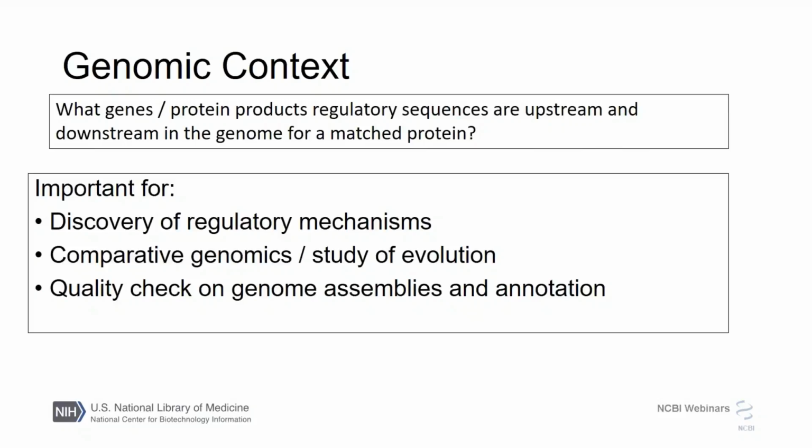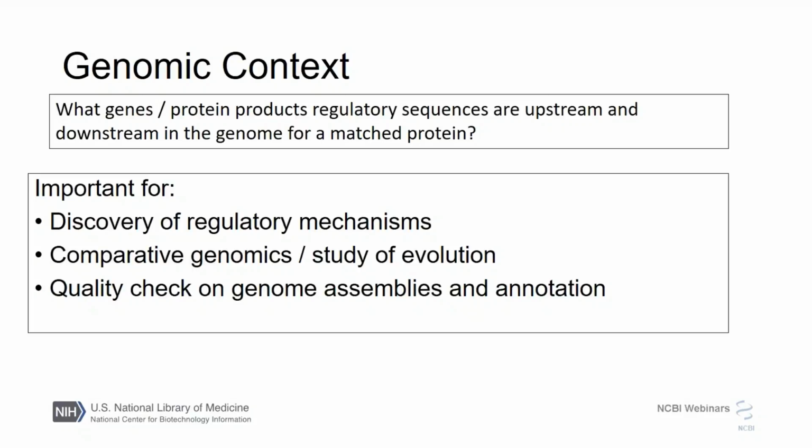Okay, so what do I mean by genomic context? I mean what genes or protein products or regulatory sequences or other features are either upstream or downstream in the genome for matched proteins. These are the kinds of things that everybody is interested in because they can tell you about regulatory mechanisms. It's useful to know from a comparative genomics perspective how this particular set of genes changed over time, or whether there are multiple copies in some genomes and not in others.